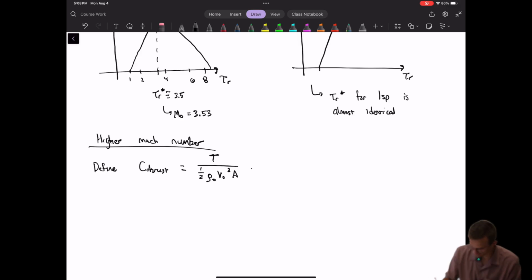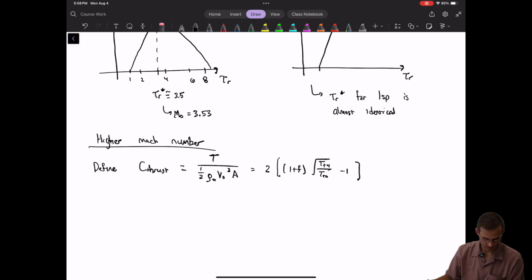If we write this in terms of our non-dimensionalized values, we get 1 plus F times the square root of TT4 over TT naught minus 1.